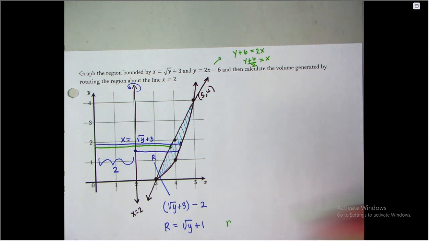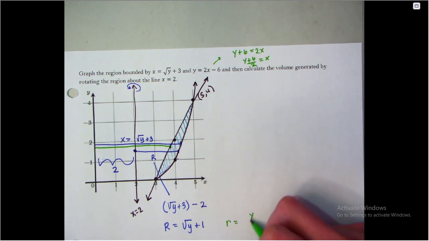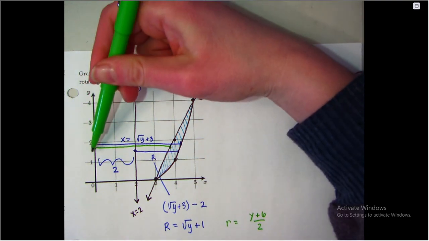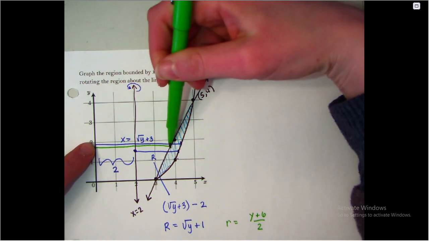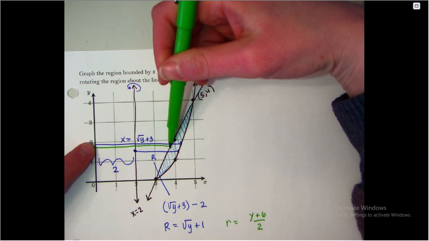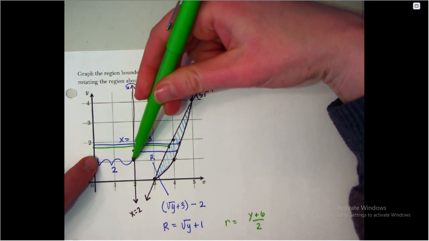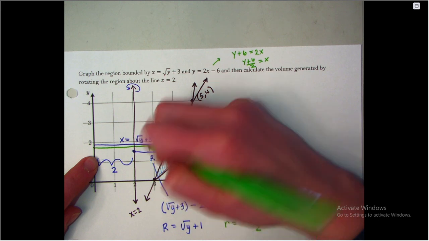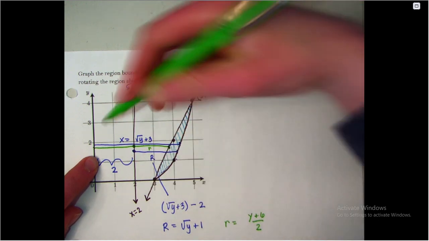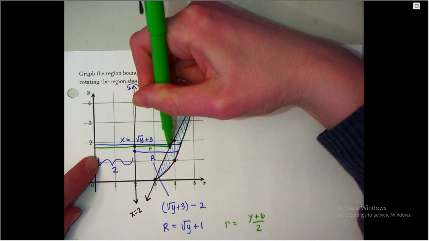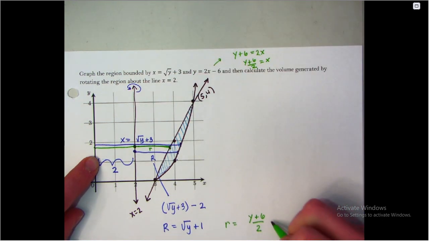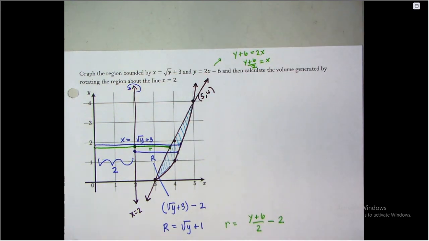So that would mean that I would use y plus 6 all divided by 2. That's giving me the length relative from the axis all the way to this outer edge on the line, but that number is too large. I need to subtract the 2 units. That has nothing to do with little r, because little r starts from the axis of rotation and goes to the outer edge. So I would subtract my 2 units.